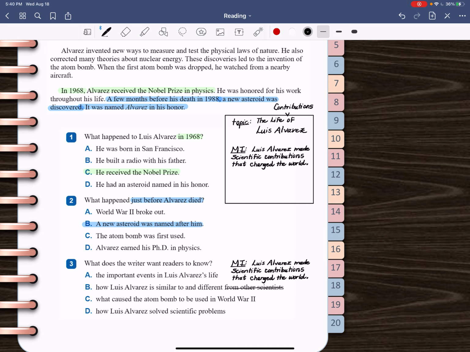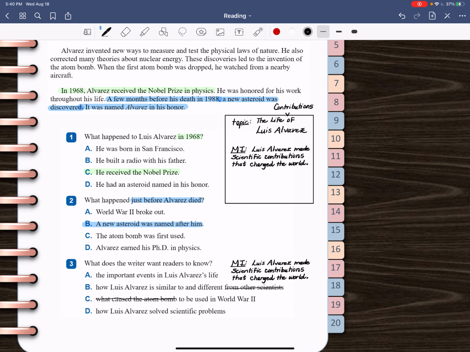We have no idea based on this passage what caused the bomb to be used. How Luis Alvarez solved scientific problems. So I can narrow it down to A or D. Both of these are good possibilities.